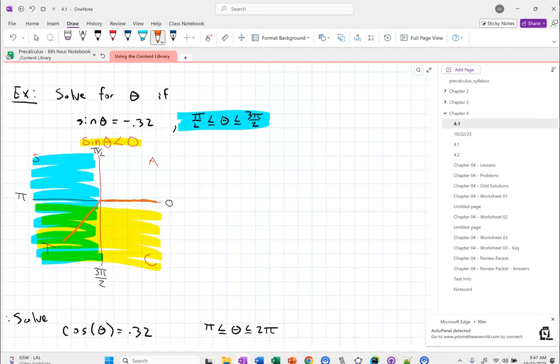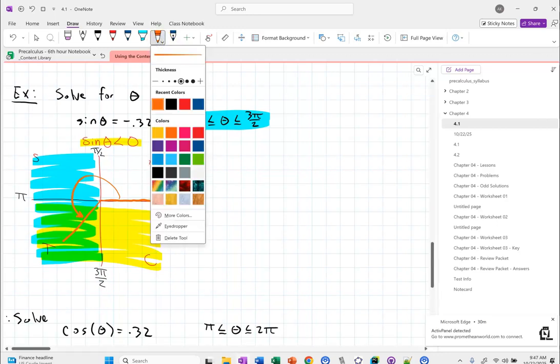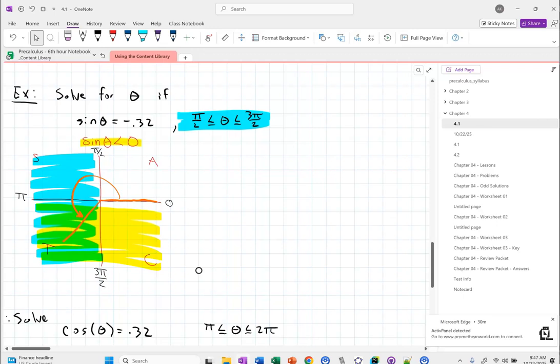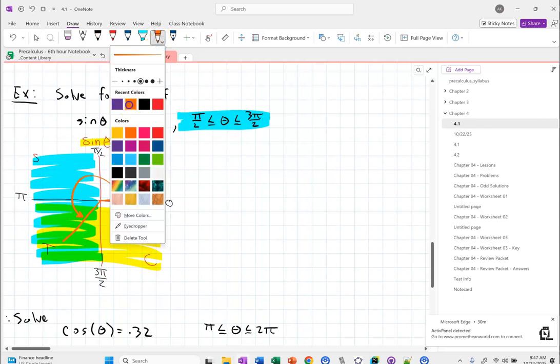So what this is saying then is our answer, the terminal side of our answer lies somewhere in quadrant 3. Is everybody okay with that idea? Now, what I'm going to do is break this.